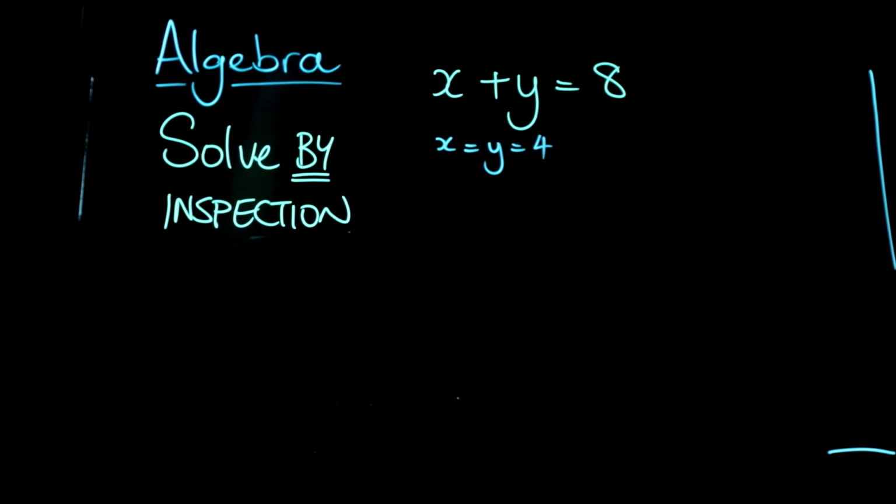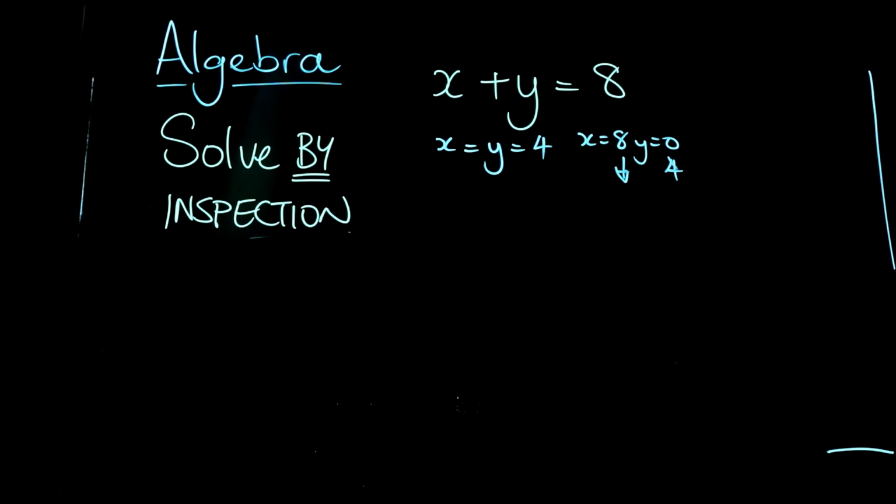Now, we could make x equal to 8 and y equal to 0. And then we could decrease this number and increase this number and get a range of solutions, and they're all valid solutions to this equation.